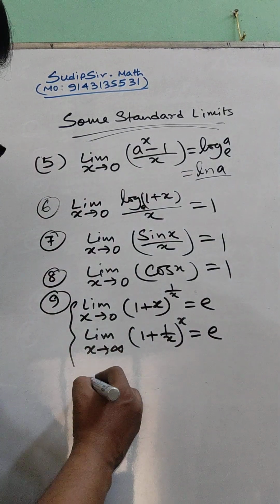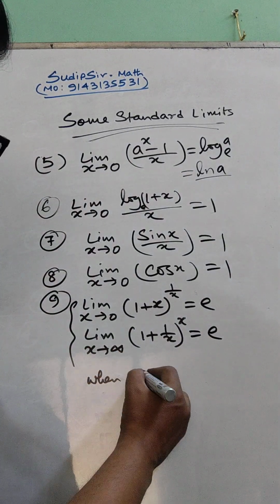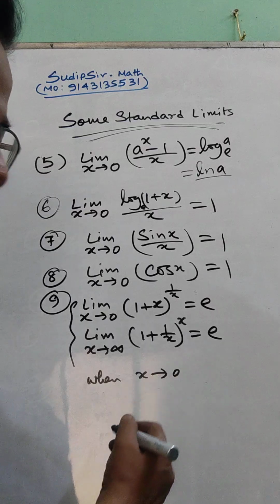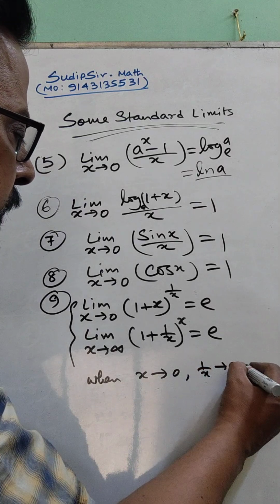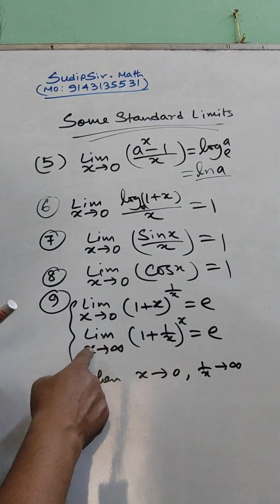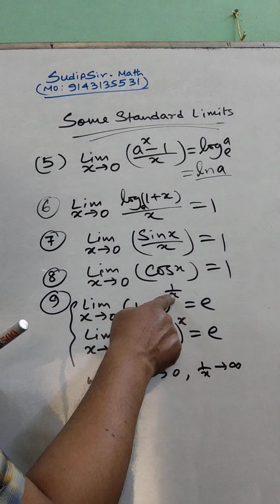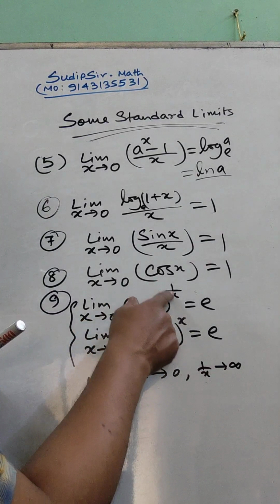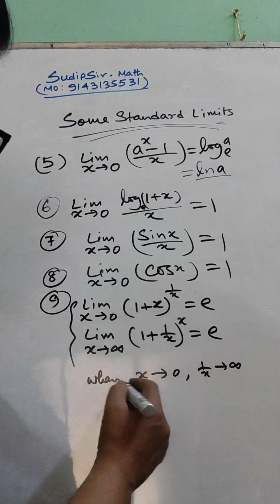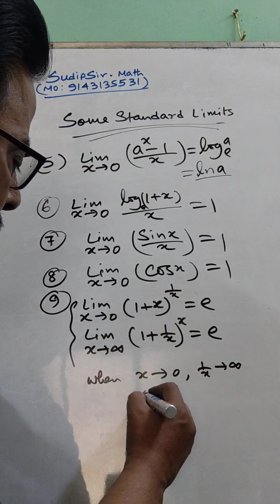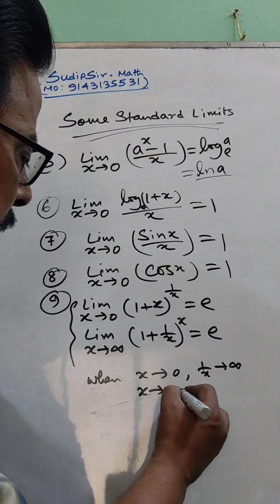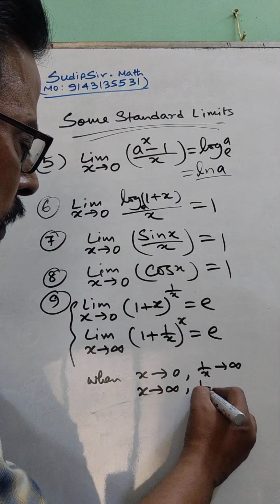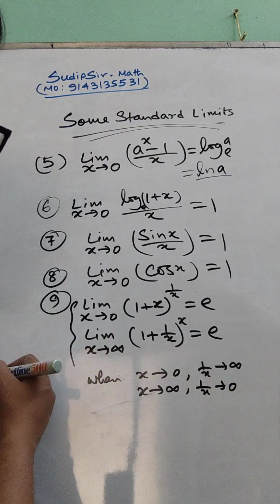It is clear that when x tends to 0, then 1 by x tends to infinity, so the power is infinity. And when x tends to infinity, 1 by x tends to 0.